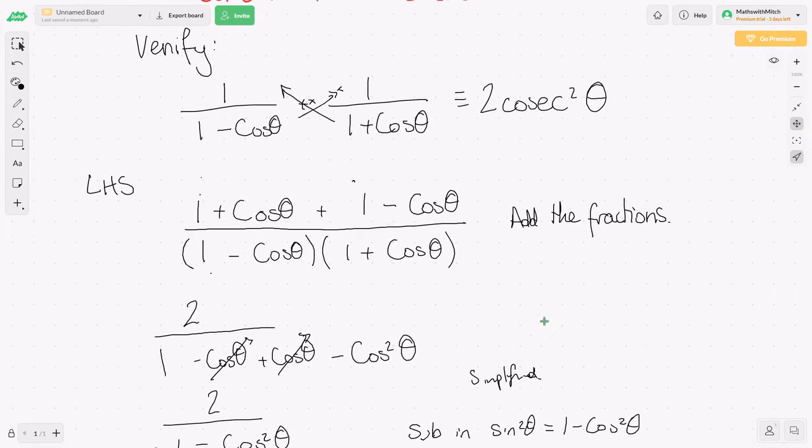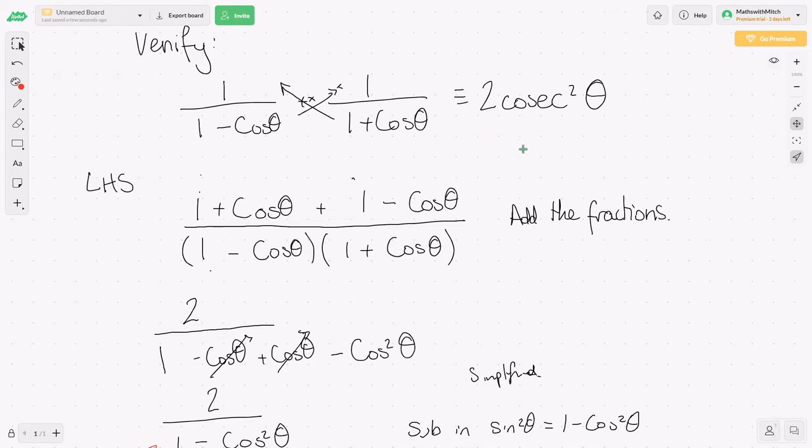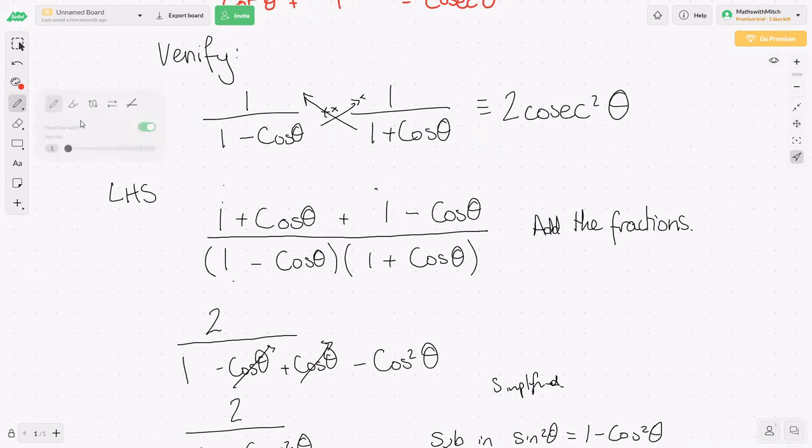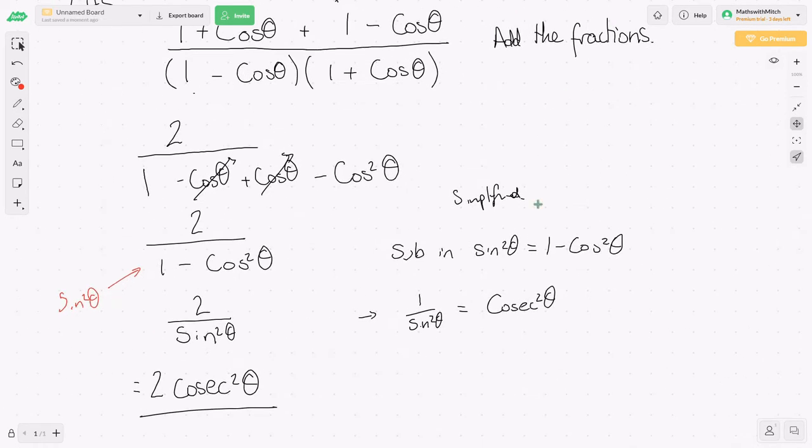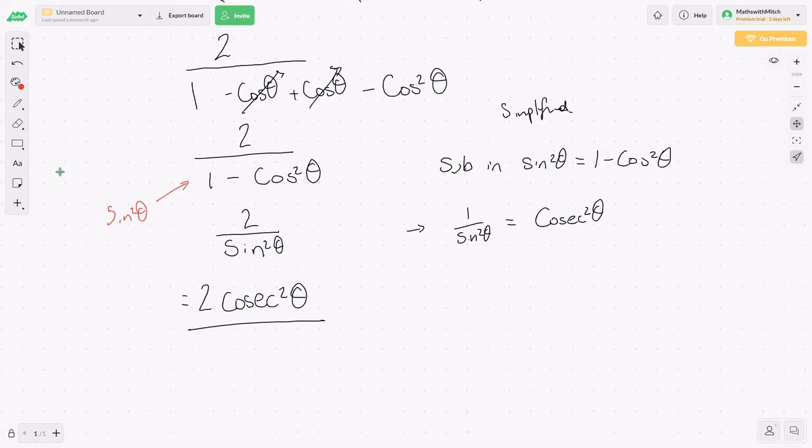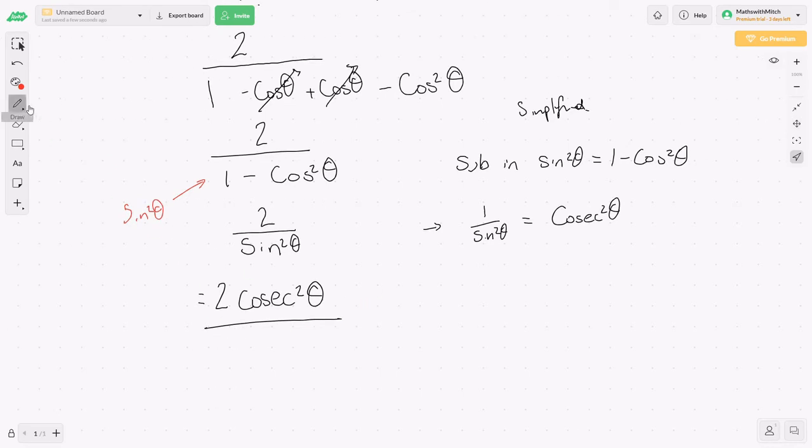And recalling that at the beginning, that indeed was our right-hand side of the equation. So what we've now done is prove, using the fundamental identity subbed in, that the left-hand side equals the right-hand side.